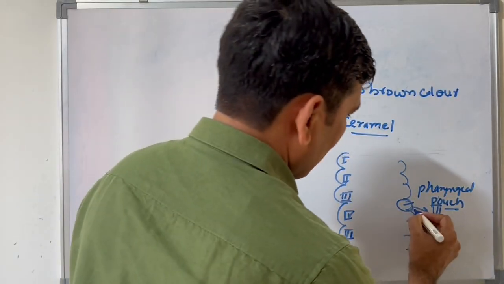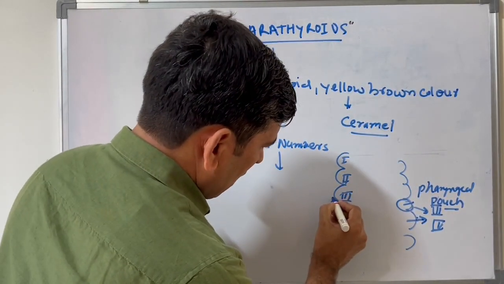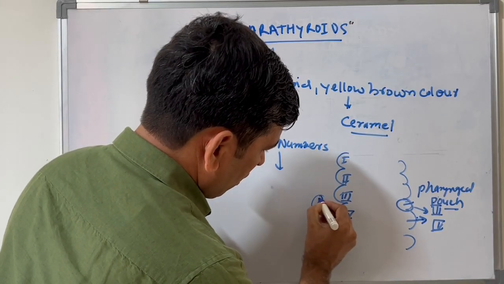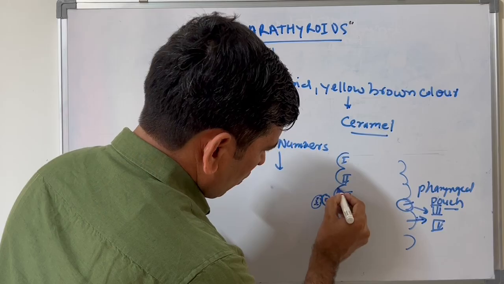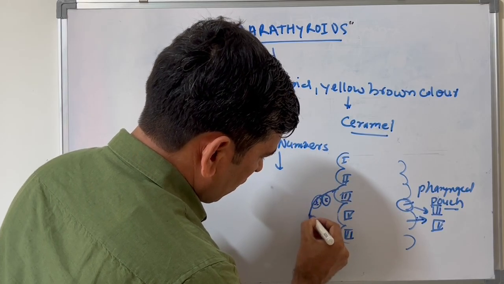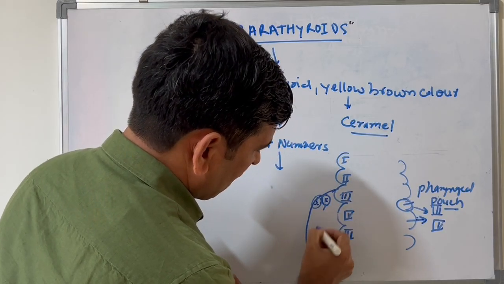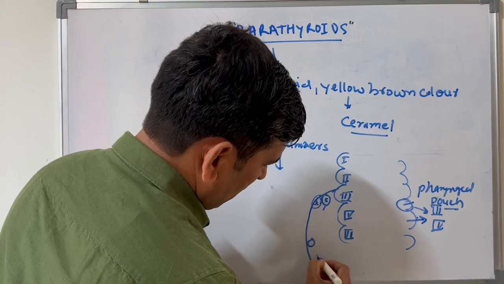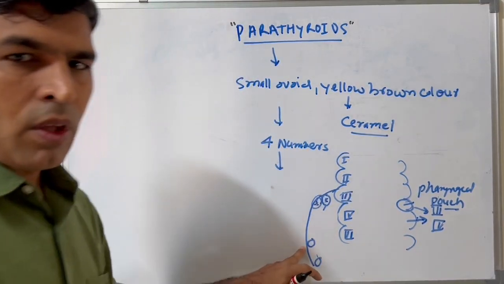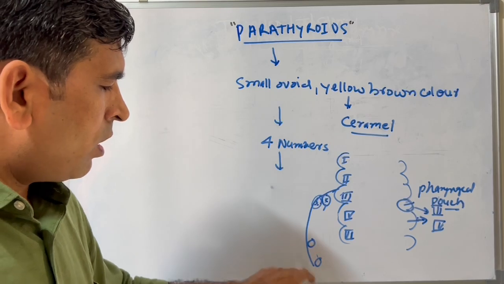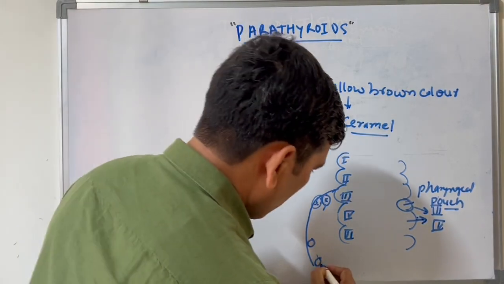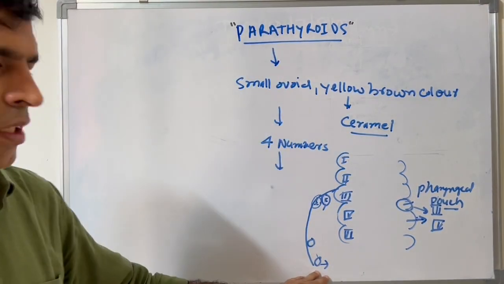During descent, see, this is the thymus and this is the parathyroid. The thymus goes to its location, taking this parathyroid with it, leaving the rest just behind the inferior pole of the thyroid. The thymus is located in the superior mediastinum.